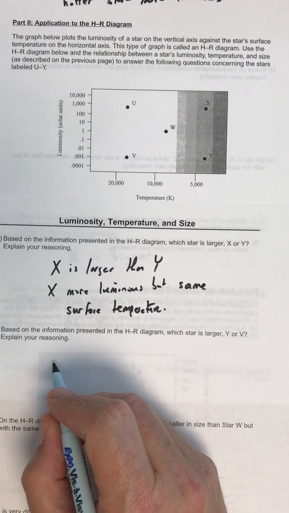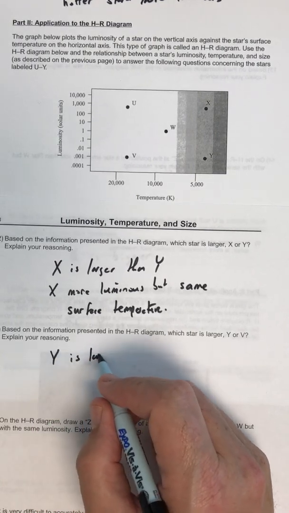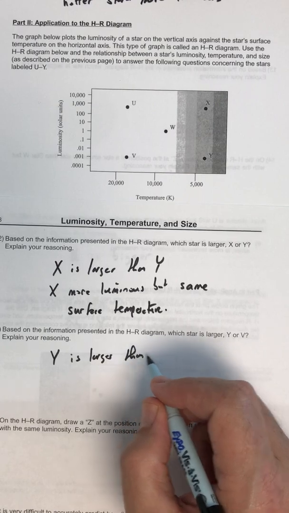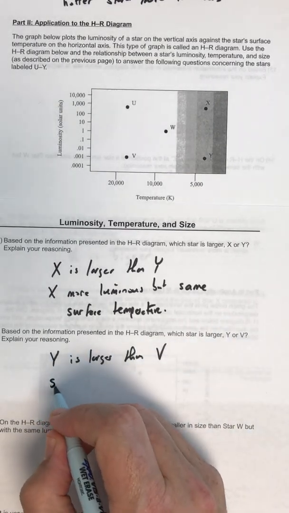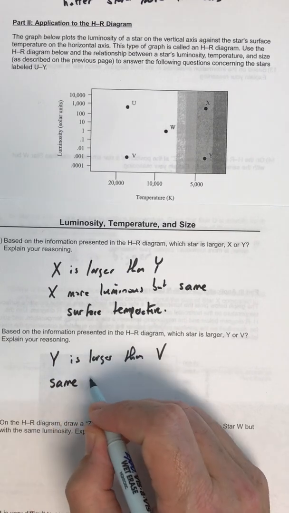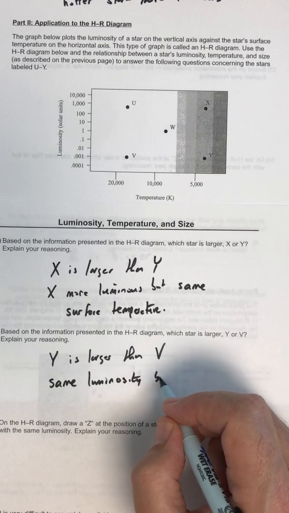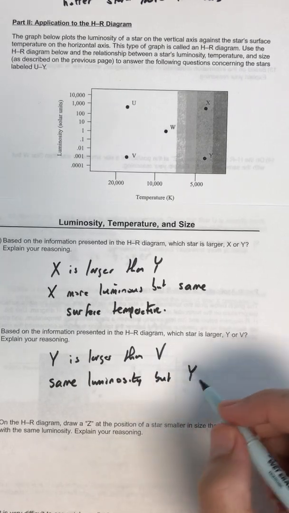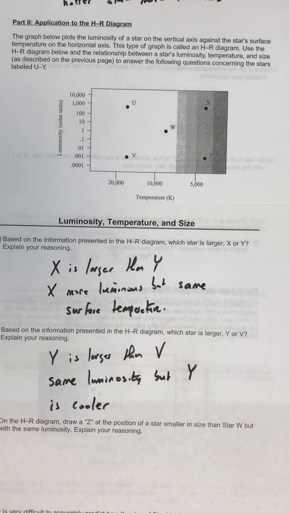So which star is larger? Star Y. So Y is larger than V. And we know that because it's the same luminosity, but Y is the cooler star.